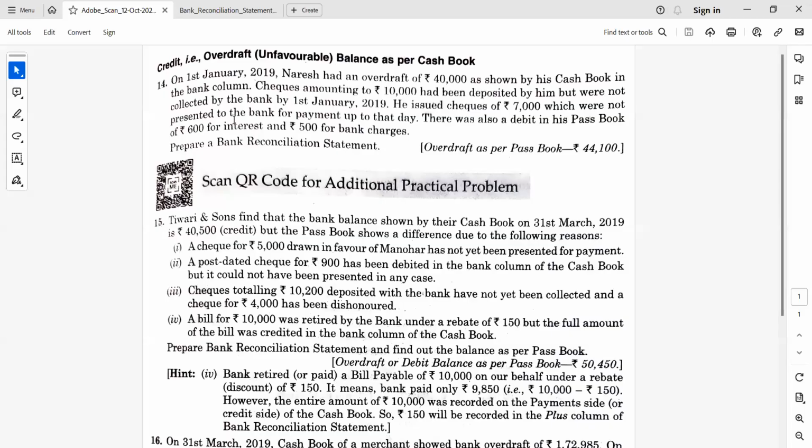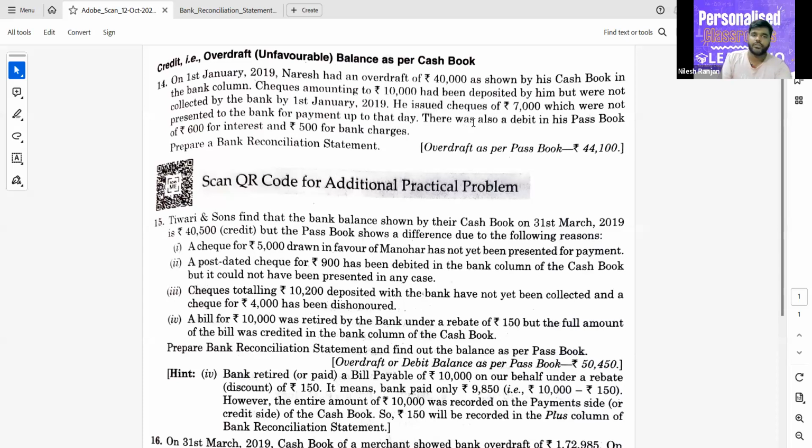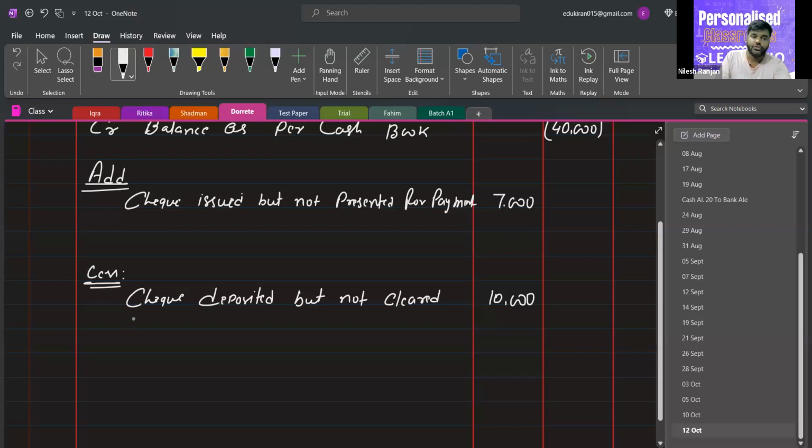Okay. Now the next is there was also a debit in his passbook of rupees 600 for interest and 500 for bank charges. So there are two items debited in the passbook, meaning deducted from the passbook. So we have to deduct these two from our cash book also.